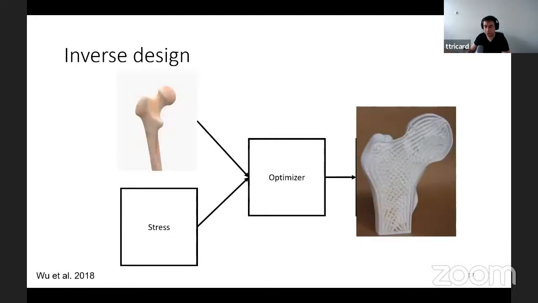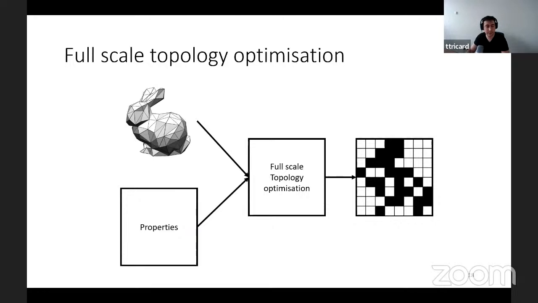This can also be used for other problems, such as stress reduction. So here, Wu and colleagues optimize this bone so that it can withstand the typical stress the bone withstands in our body. Right. And all those methods are part of what we call full-scale topology optimization.